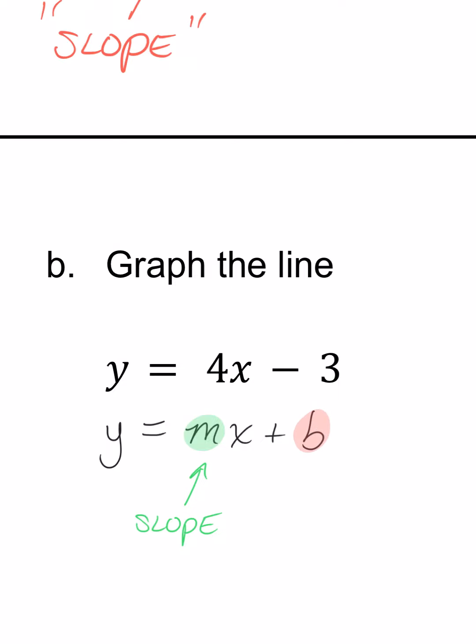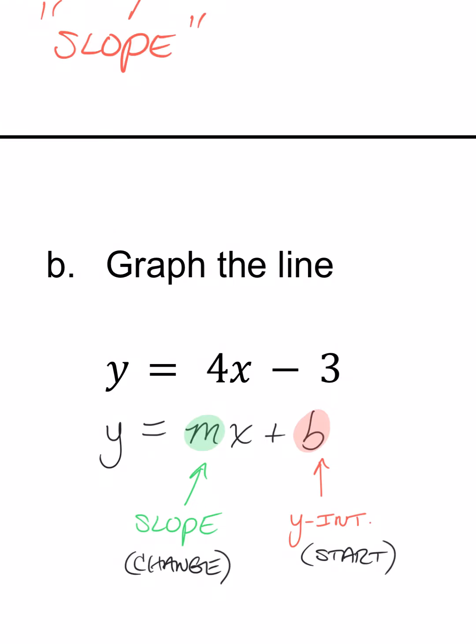Now, there actually is a letter for y-intercept. We say b. The b is the y-intercept. Sometimes people call these the start and the change. When we have a linear relationship, we start at a value and we change by a specific slope value.